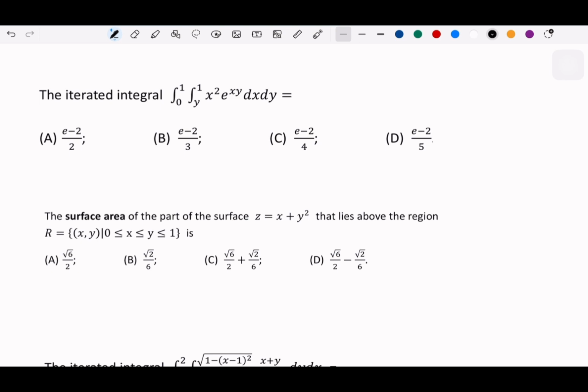Derive and integrate. Yes. But there are other ways that are cheaper. The question is, can you do it directly?